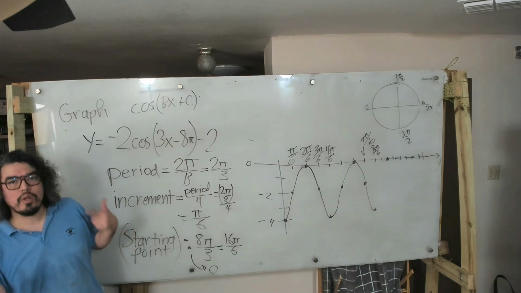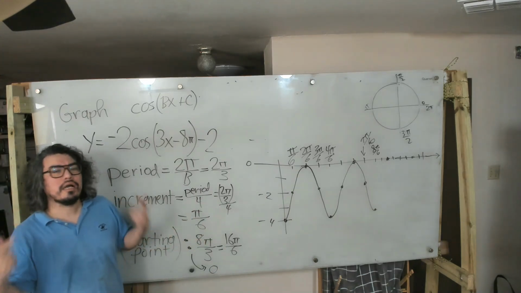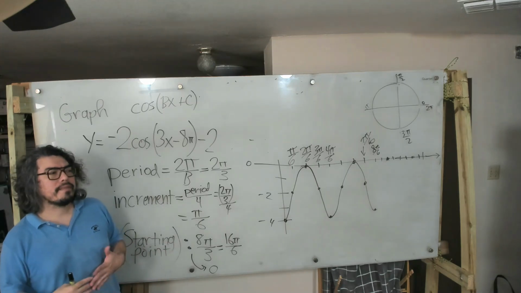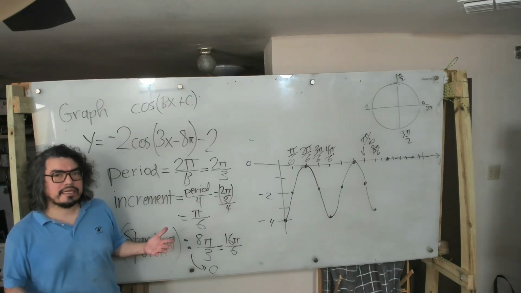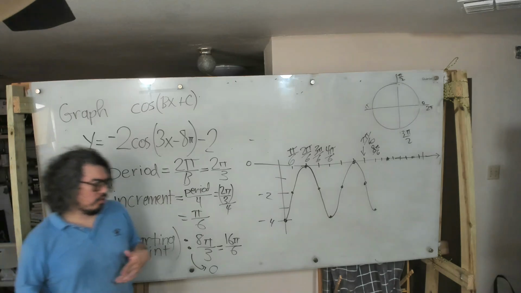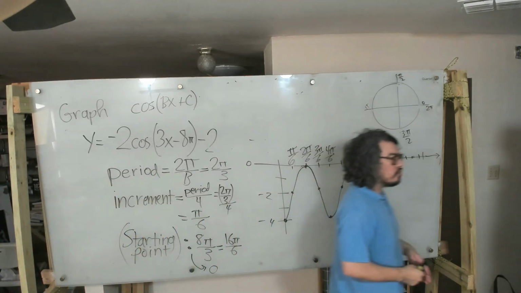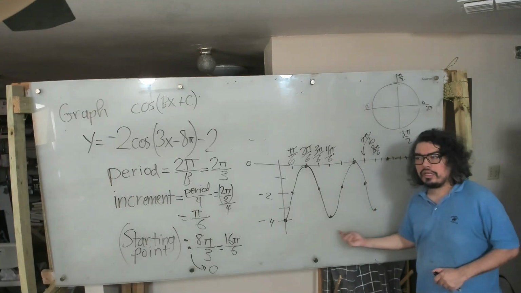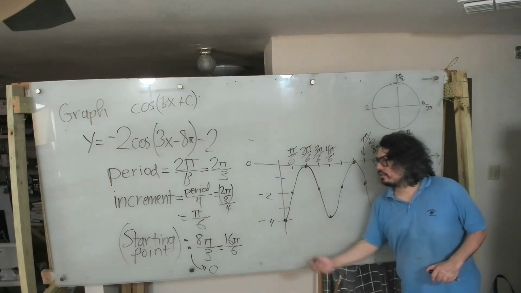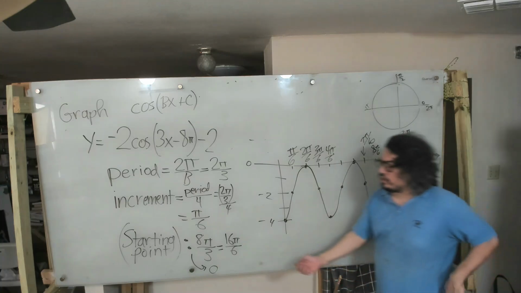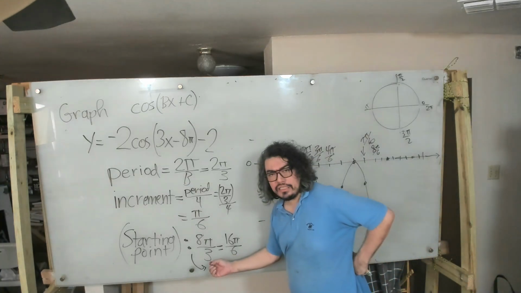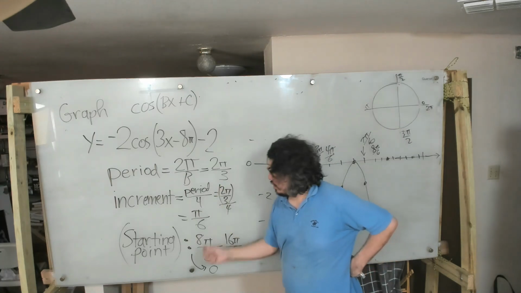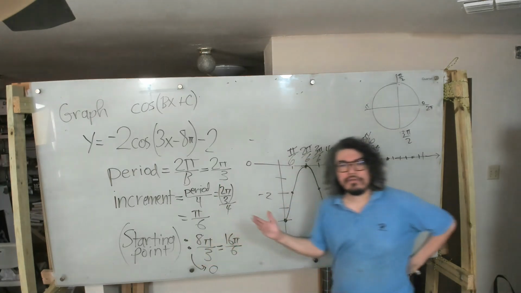And then we observed that the original starting point we got, 8 pi over 3, was big. By big, we don't mean that's necessarily a bad thing, but when you want to draw a graph, maybe you want to see the values on normal graph paper that doesn't extend off the side of your page. So we saw that we could subtract or add the period to the starting point to get a more convenient starting point.